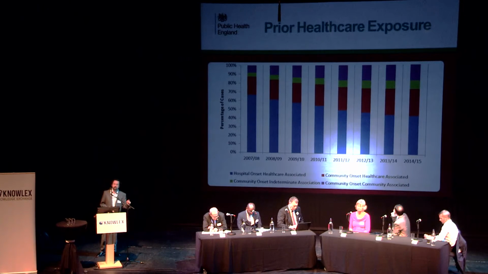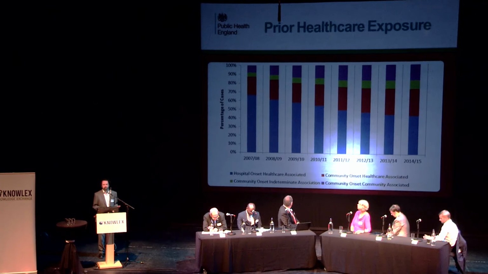And 80% of the time, it is the same acute trust that they were in as they have just been admitted to with their current C. diff infection. So those community onset infections aren't particularly clear-cut, and they can often be healthcare associated as well. There is no guidance like this yet for the bacteremias, whereas there is with the C. diff, which is why we've done it.